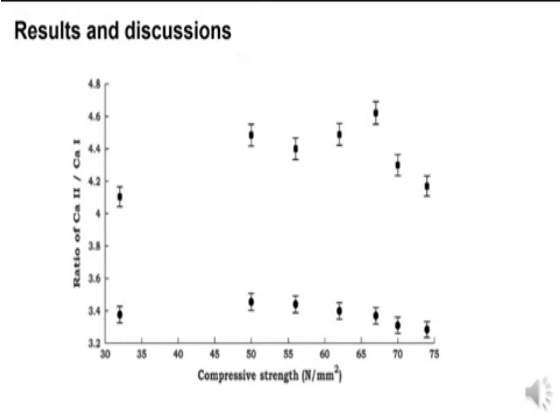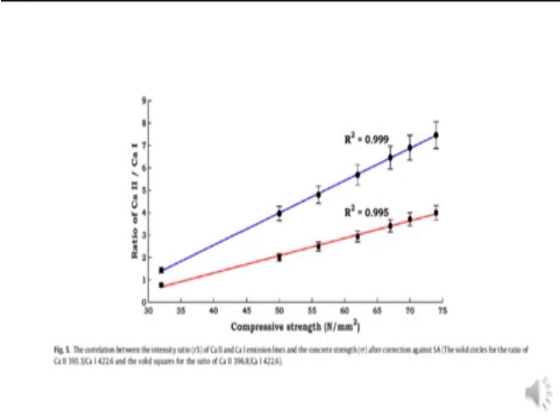There is no relation, as shown in the figure, between the ratio of the calcium ionic over calcium neutral and the compressive strength. This is before correction of self-absorption. But after the correction of self-absorption, as shown in the figure, there is a linear relation, with very high accuracy, between the ratio of the calcium ionic lines to the calcium neutral line and the compressive strength, or the destructive compressive strength.